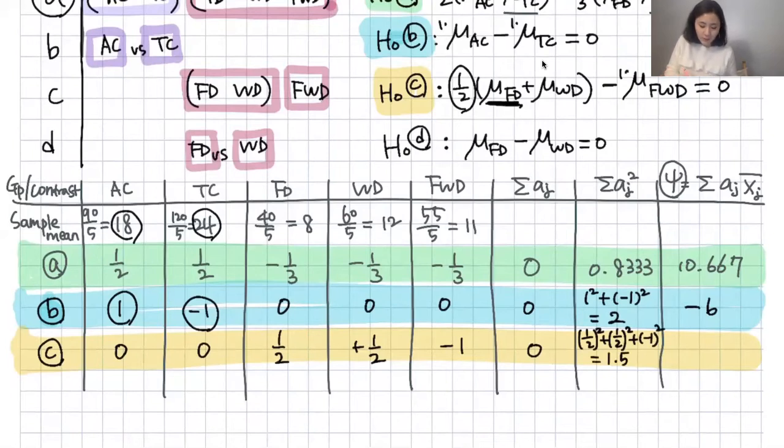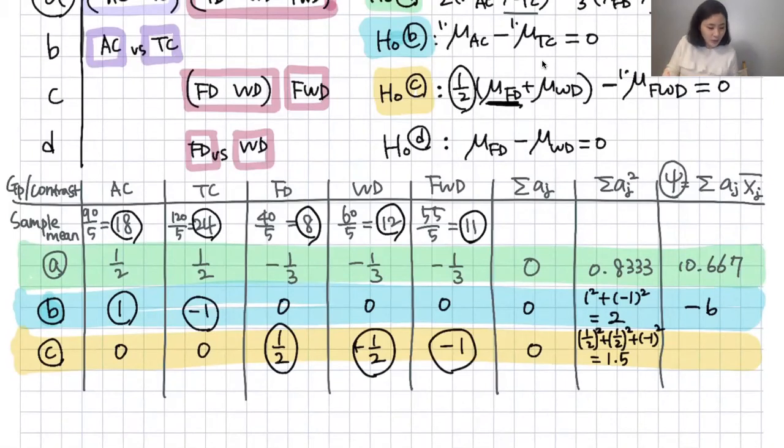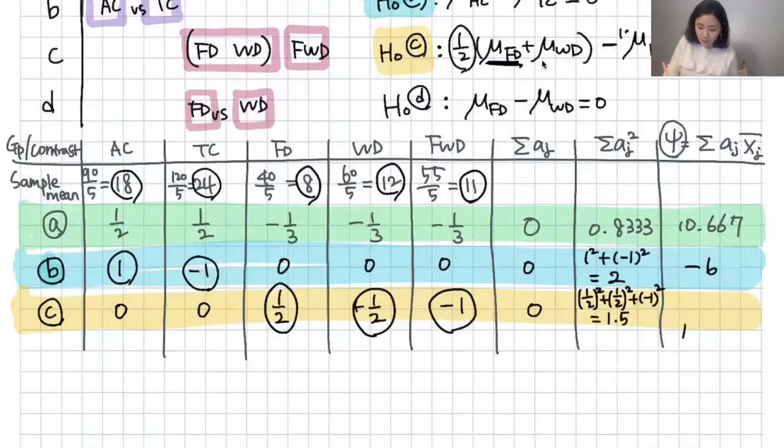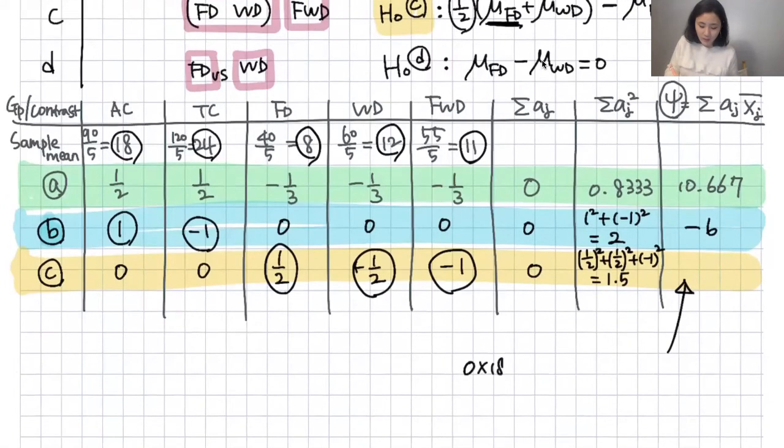And for psi, I multiply: 0 times 18 plus 0 times 24 plus 1/2 times 8 plus 1/2 times 12 plus -1 times 11. If I add them up, that is -1.